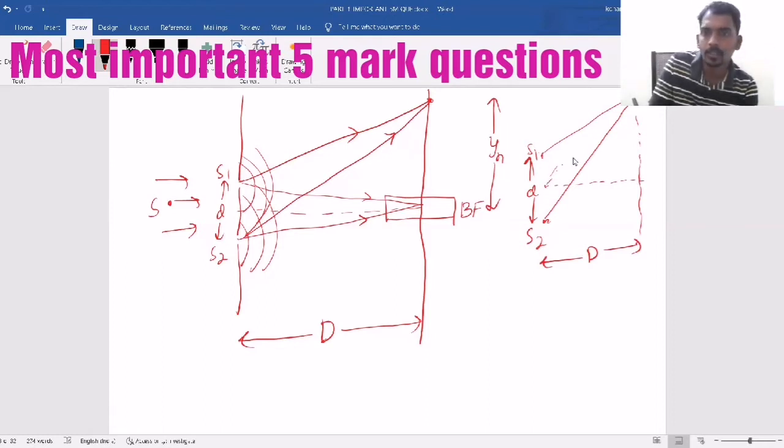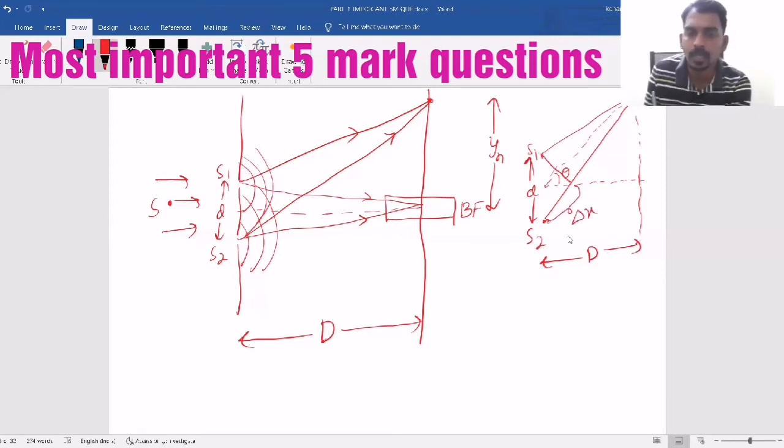Now if you consider the angular position of that point as theta, then the path difference between the two light waves coming from these two is the additional path traveled by the light wave traveling from S2.